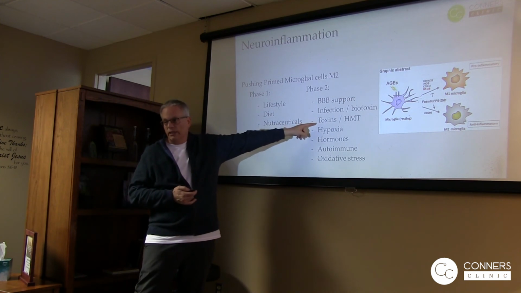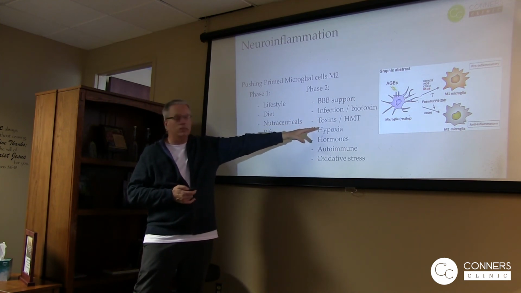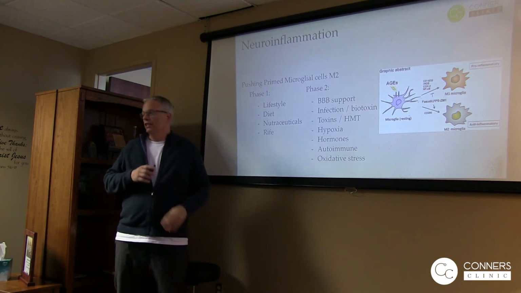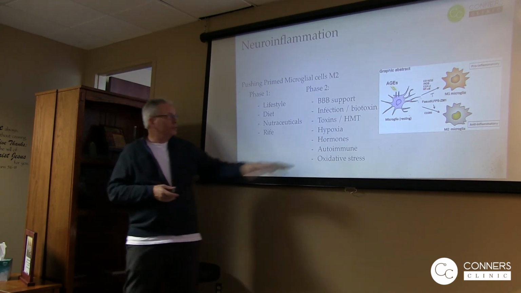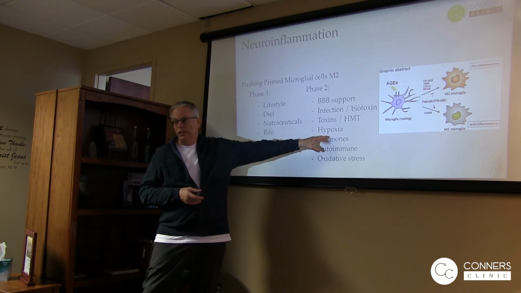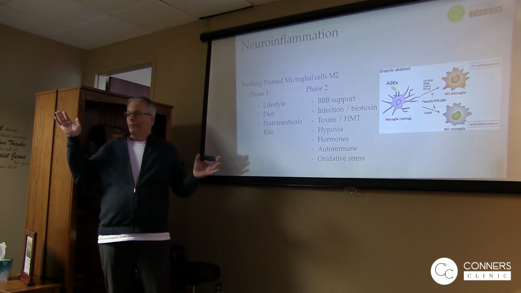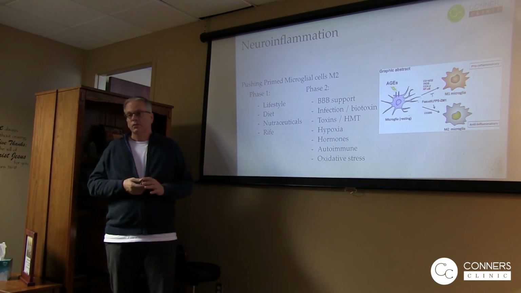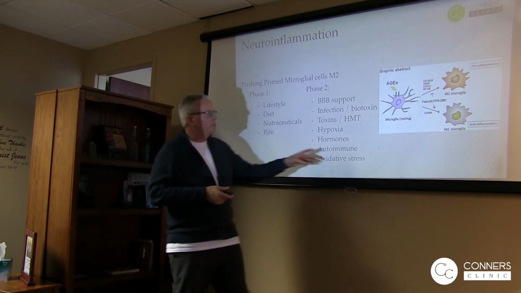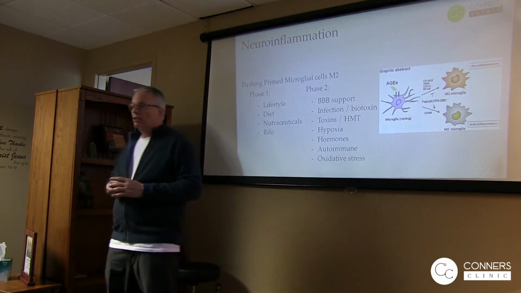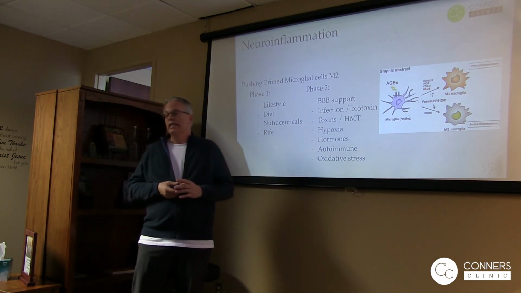But if you start trying to kill toxins right away or deal with chelating right away and things like that, that's going to be a huge issue. If you create a hypoxic situation, that is actually pushing to an M1 state. Masks, anybody? Yeah. Masks push people from an M2 state to an M1 state. That's why people that wear masks get dumber.